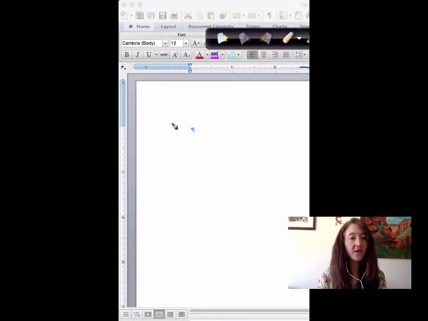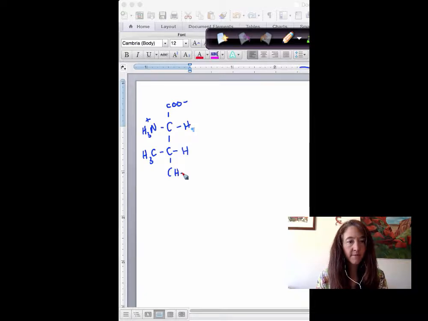Let's begin by just simply drawing isoleucine, recalling that, of course, it has its typical alpha carbon, carboxyl and hydrogen, but then as we get into the R group, recalling that we had the methyl group attached to the beta carbon, and then the remainder of the R group.